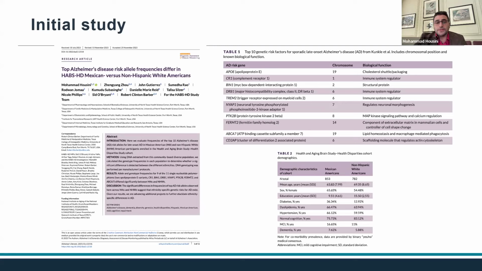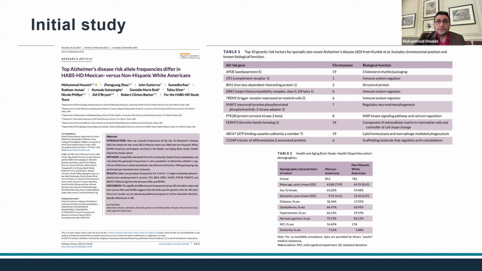But what I was realizing is that the vast majority of the literature is on people of European ancestry for Alzheimer's. And having access to a diverse data set, we were interested in looking at the top 10 Alzheimer's risk alleles that we pulled from the Kunkle et al. 2019 genome-wide association scan.